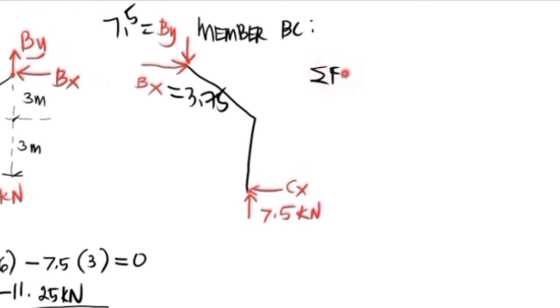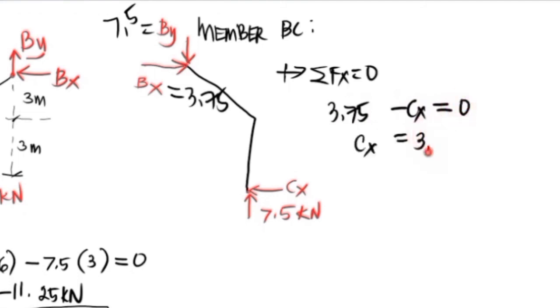So summation of the forces horizontal is equal to 0, taking the direction to the right as positive. We have BX 3.75 directed to the right minus CX directed to the left, so that is negative, is equal to 0. So CX is equal to 3.75 kN. Since positive yung lumabas na sagot, meaning tama yung assumption that CX is directed to the left.